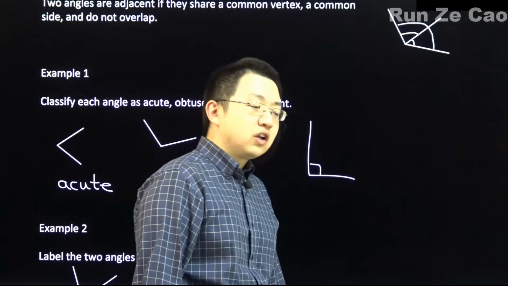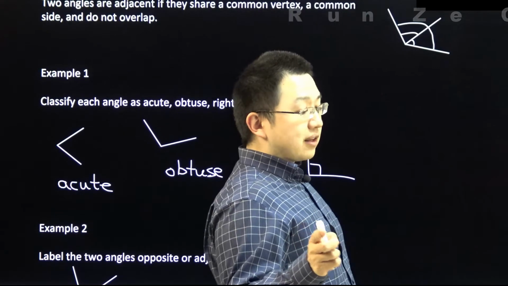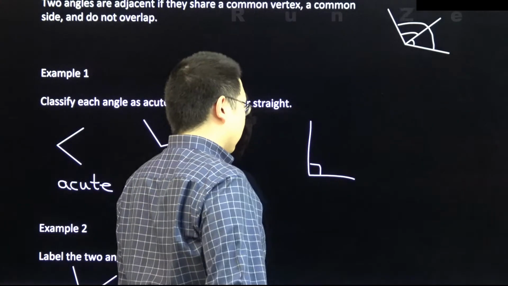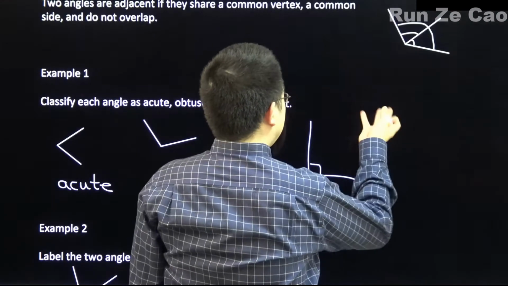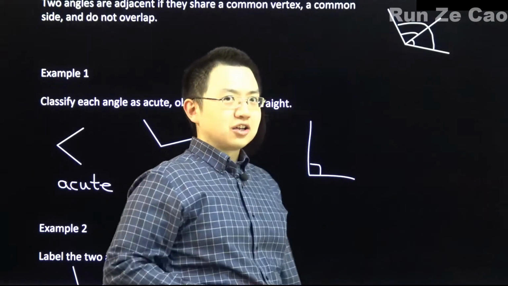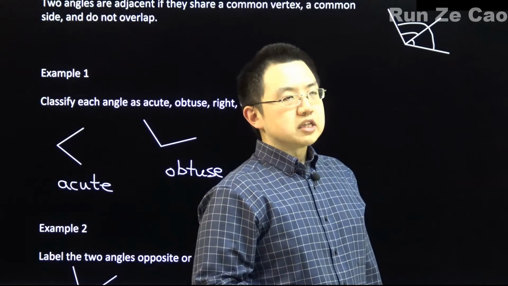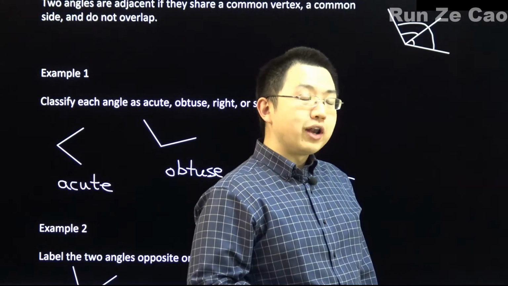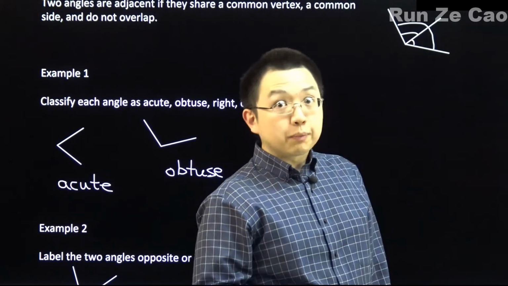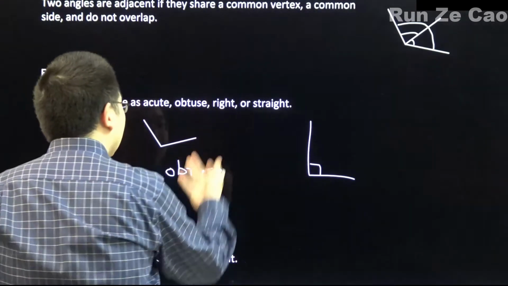Geometry diagrams are often not to scale. I said that earlier, that you should never assume it's a right angle. But, of course, if the problem is asking you to judge by eye whether it's an acute, obtuse, right, or straight angle, then if it looks like a straight line, label it a straight line. If it looks perpendicular, label it as a right angle.